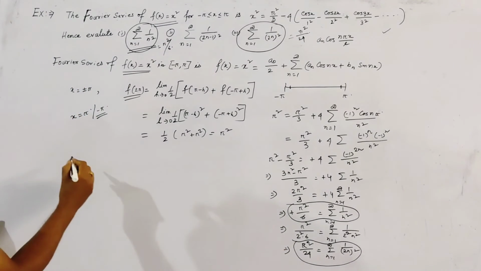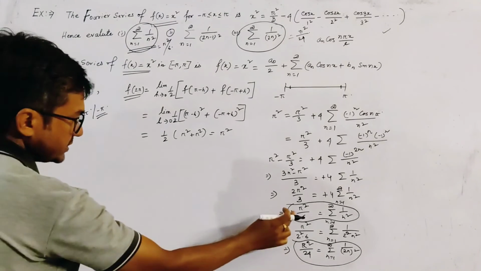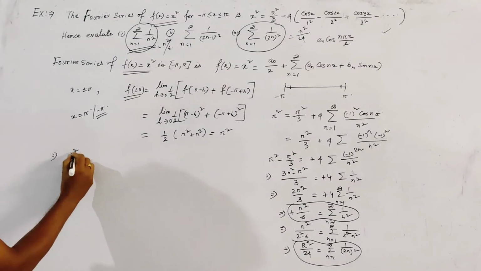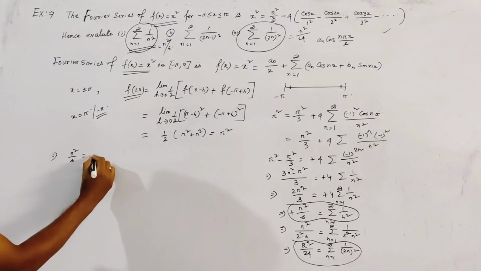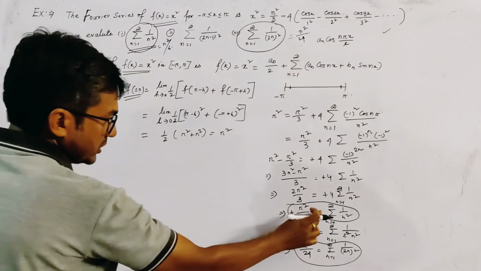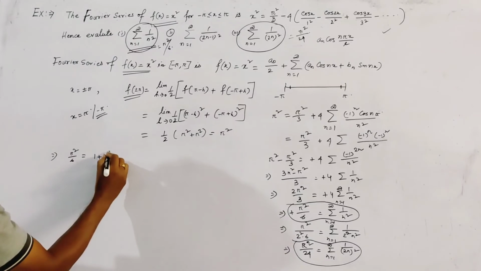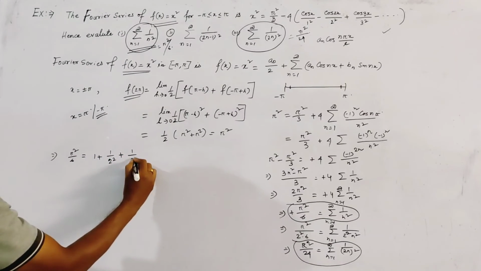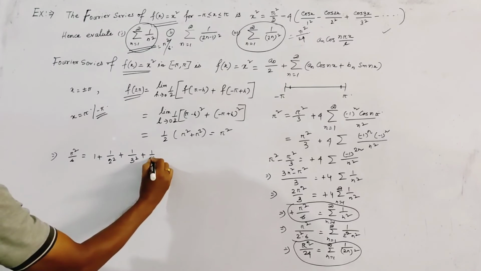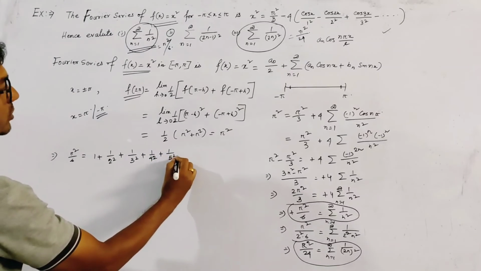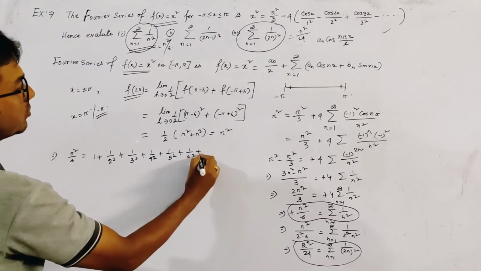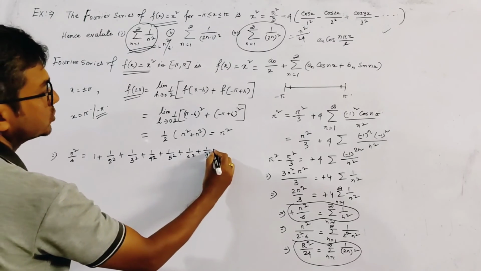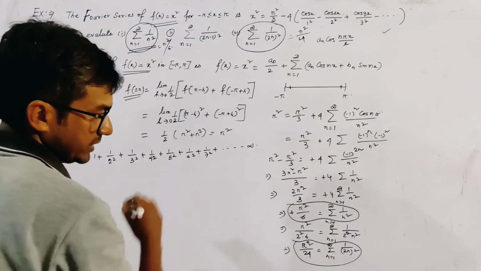Now we write this result in expanded form and also this result in expanded form. The first result is pi square by 6, equal to 1 plus 1 by 2 square, 1 by 3 square, 1 by 4 square, 1 by 5 square, 1 by 6 square, 1 by 7 square, to infinity.